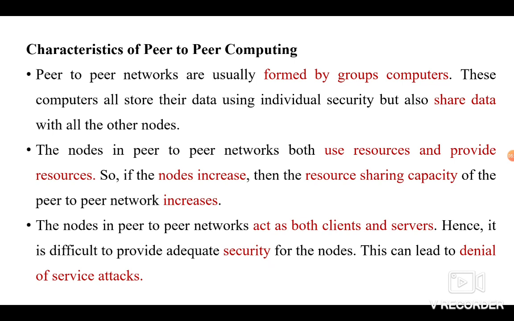The nodes in the peer-to-peer network both use resources and provide resources. They may use the resources from other nodes, as well as give their resources for the usage of other nodes. So automatically, if you increase the nodes in the peer-to-peer network, it increases the resource sharing capability also.